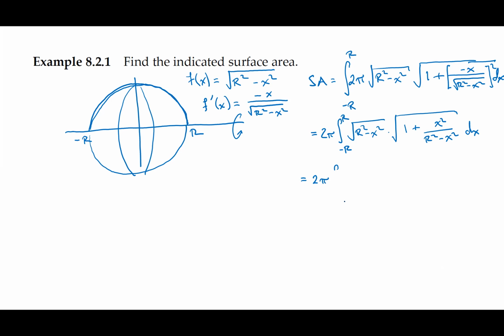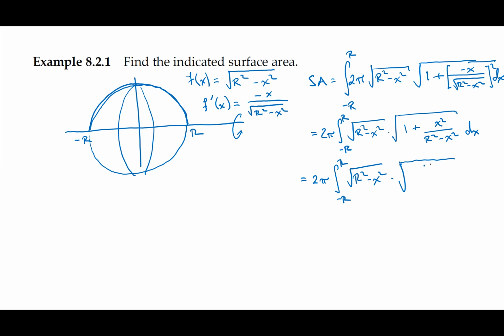Which is 2 pi, integral from negative r to r, and then what are we going to get for this second square root? Well, my common denominator is r squared minus x squared. And so we'll have r squared minus x squared plus x squared.